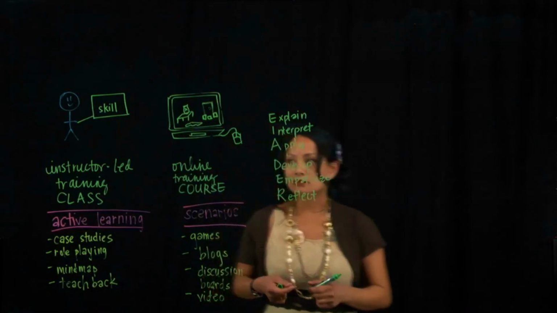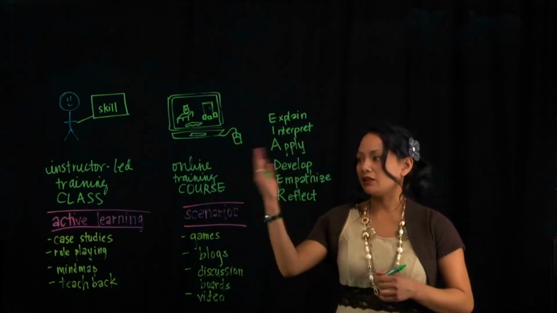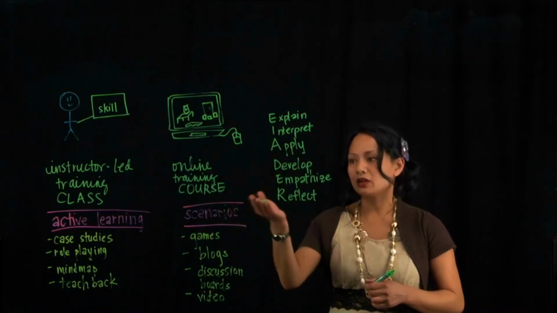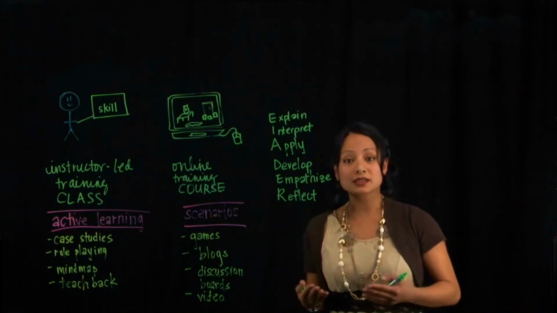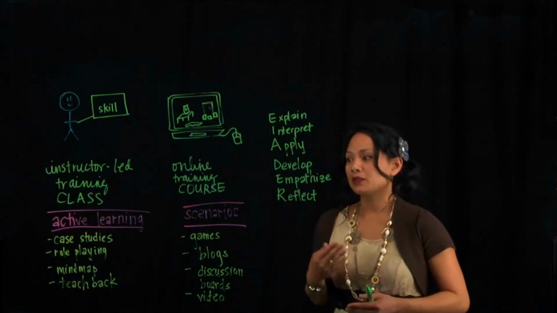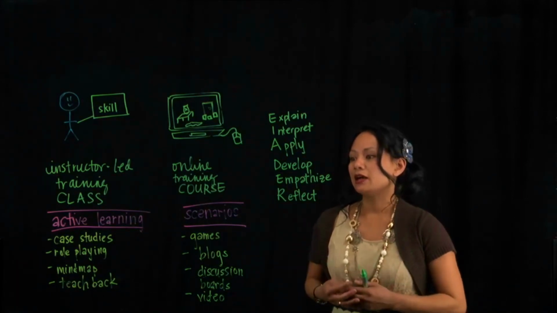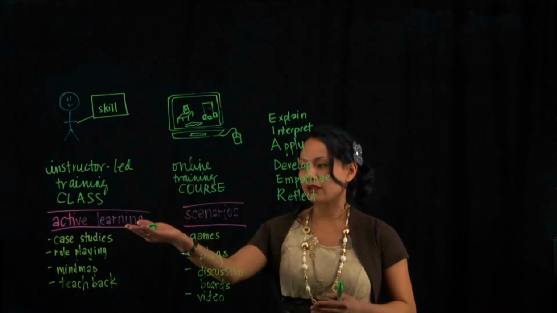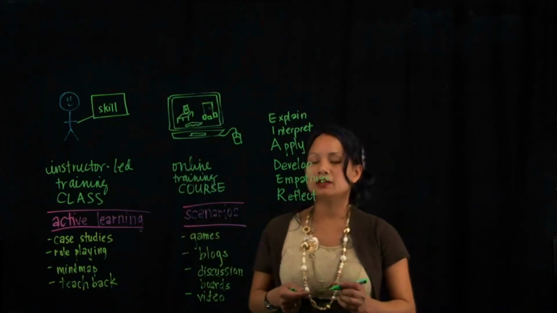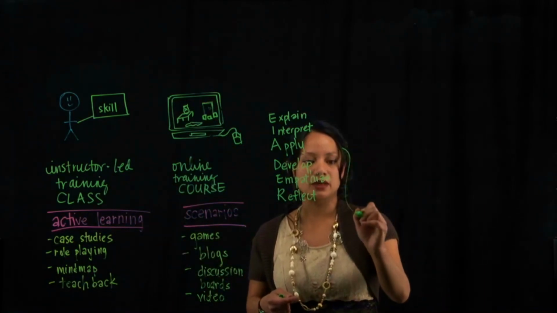So when you're developing an instructor-led training class or an online training course and it's been assembled in a way that sequences both your content as well as your assessment and perhaps information, you want to integrate adult learning principles by using active learning and scenarios to guide the content development.